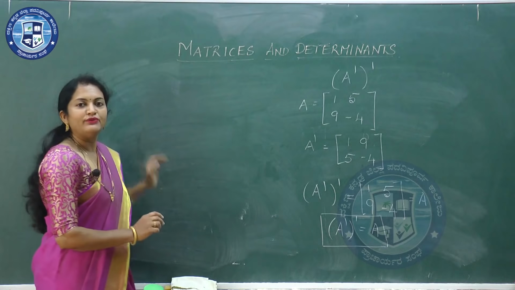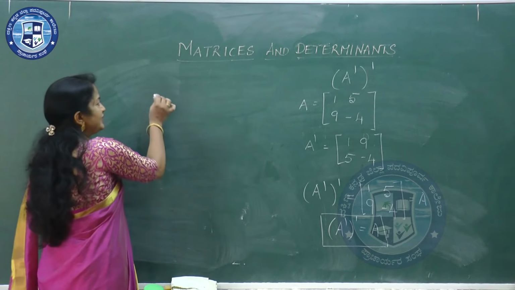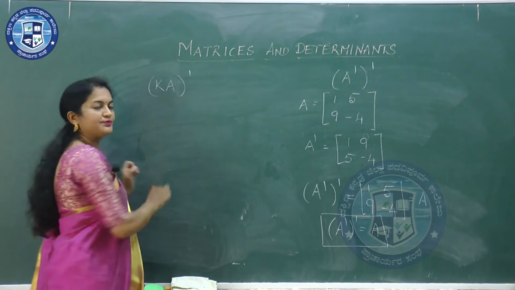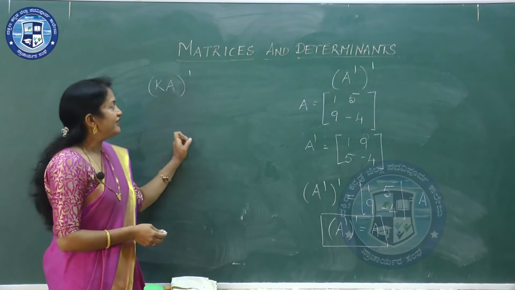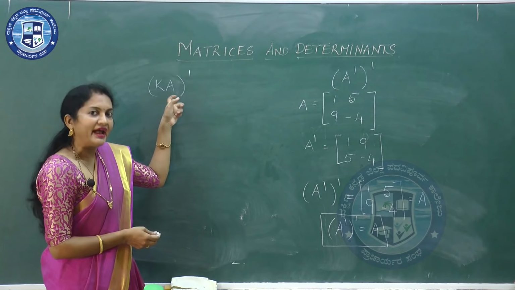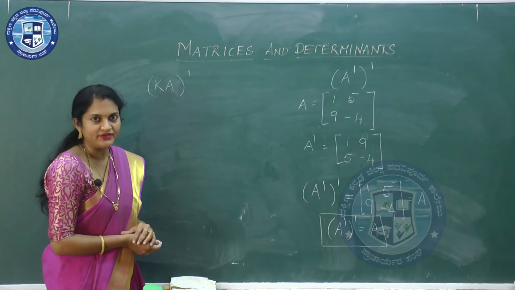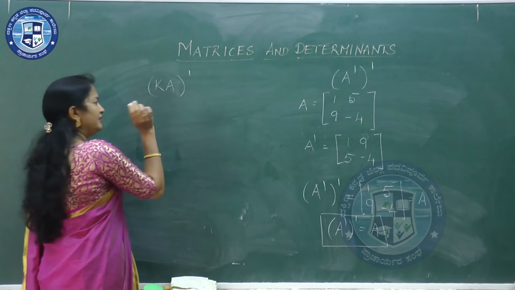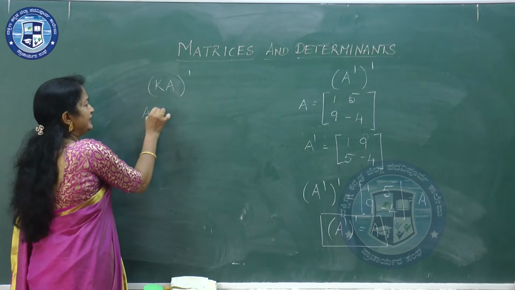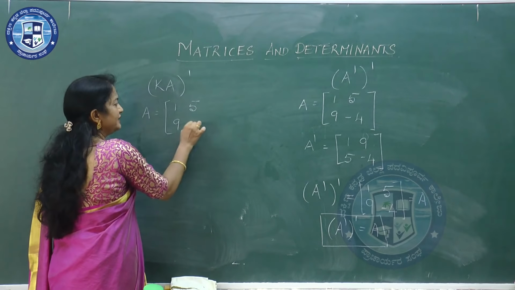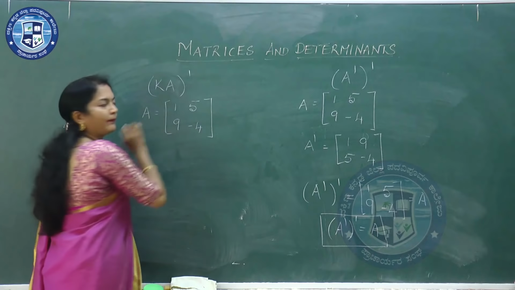Now we will see what kA whole transpose is. What do we get when we multiply a matrix by a scalar and transpose it? Again the same example we will take. Let A be 1, 5, 9, minus 4.